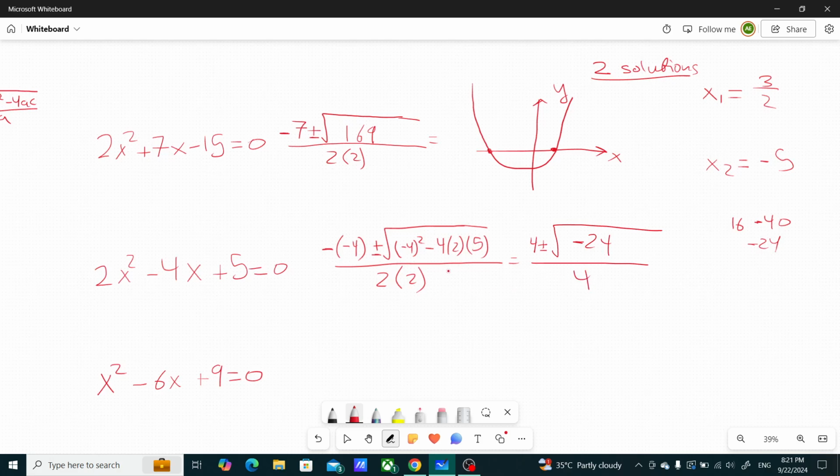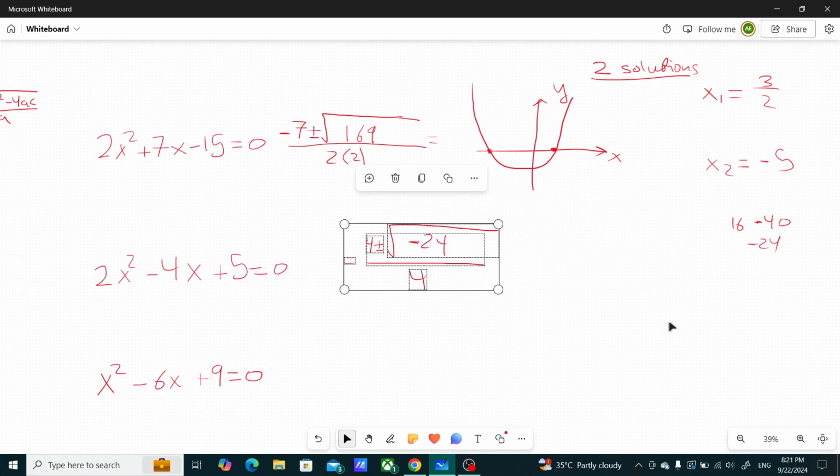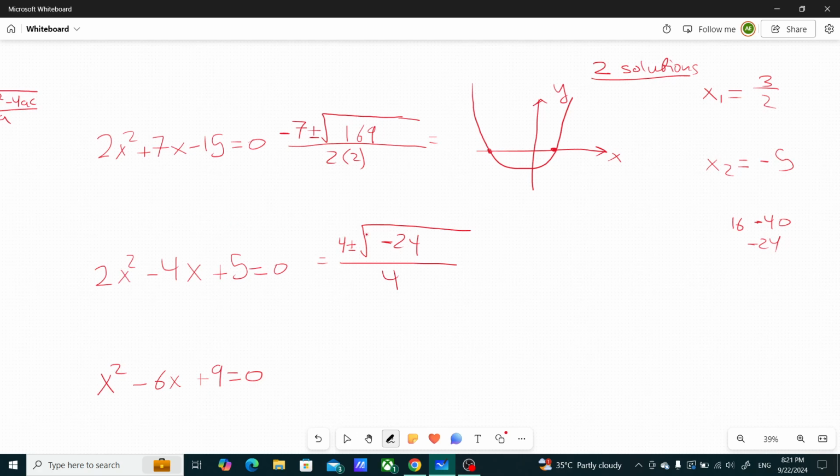If we rearrange it a little bit, we have this right here. We all know that the square root of a negative number doesn't work.